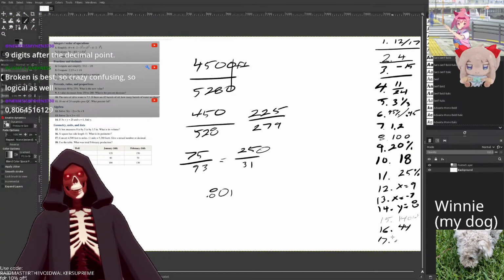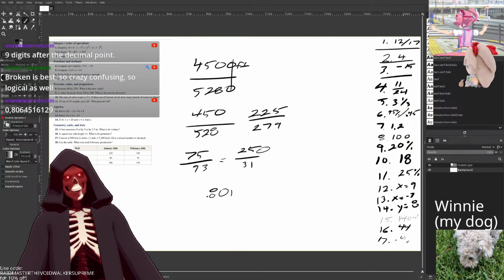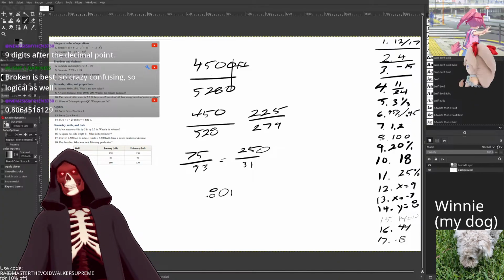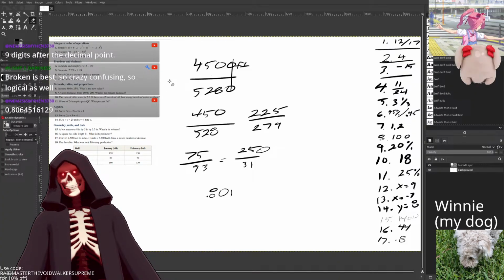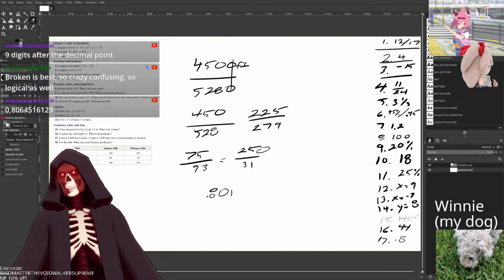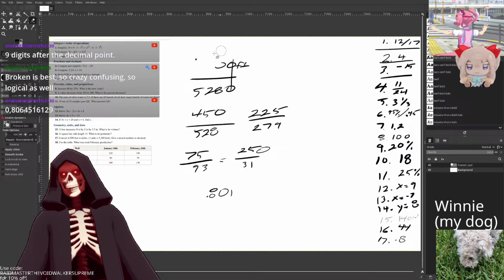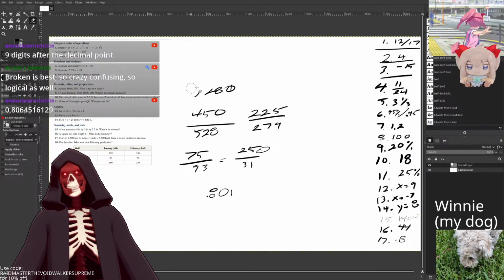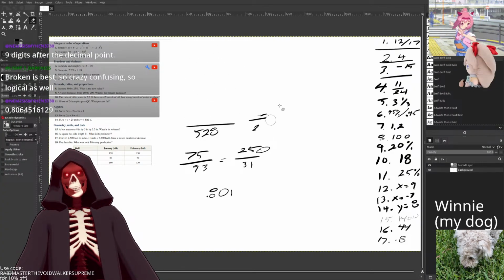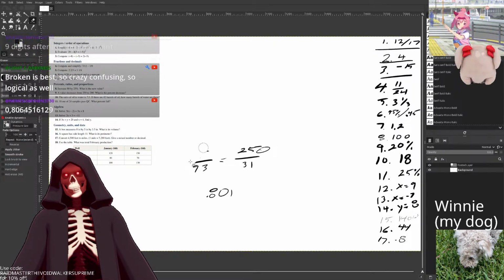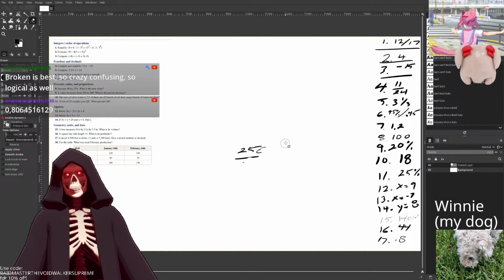Yeah, I'm just gonna say 0.8. It's close enough for me to not give a shit. Apparently long division is my nemesis.